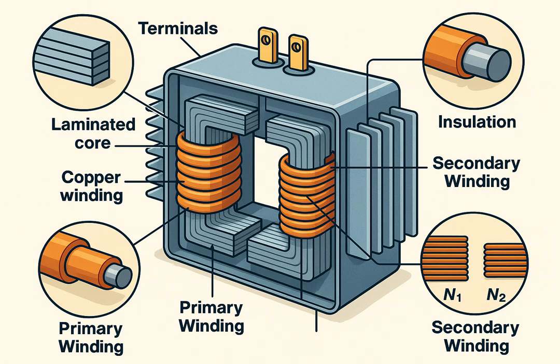Because each steel layer is electrically insulated, the eddy currents are confined to very small loops within each sheet, greatly reducing their strength. This minimizes energy losses, known as core losses, making the transformer much more efficient.